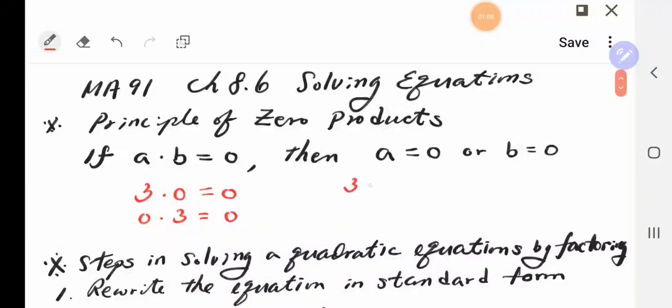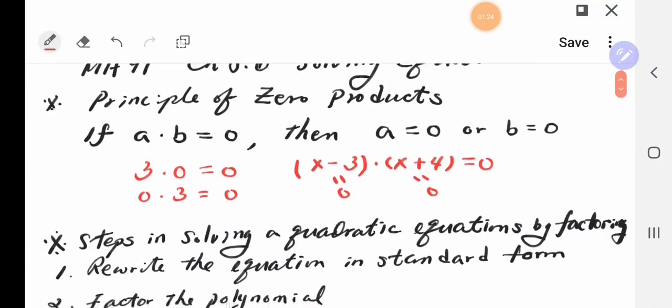So for example, let's say here is x minus 3 times x plus 4 is equal to 0. In order to make this 0, each factor is equal to 0. Either the first factor is 0 or the second factor equals 0.